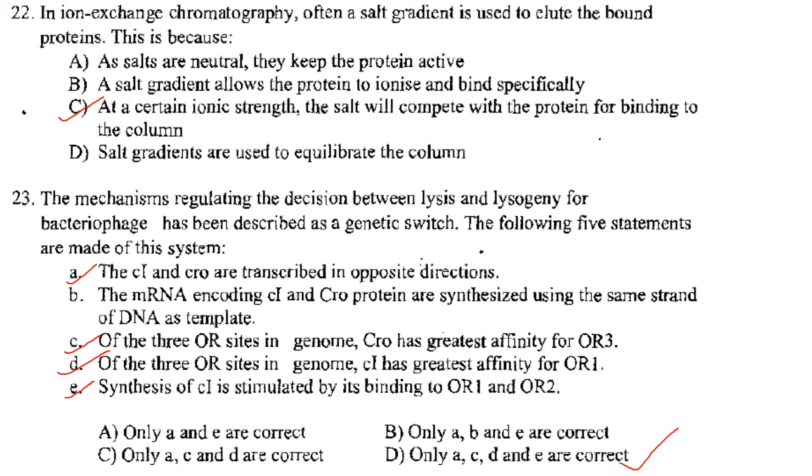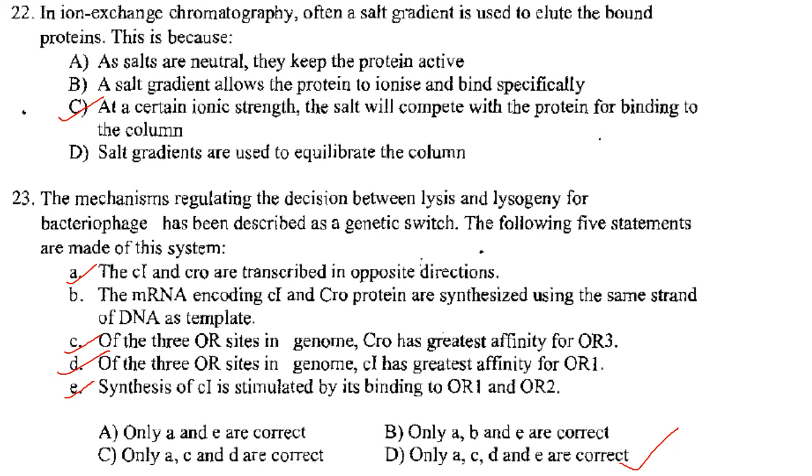Then next one. The mechanism regulating the decision between lysis and lysogeny for bacteriophage has been described as a genetic switch. The following 5 statements are made of this system. The C1 and CRO are transcribed in opposite direction. So that is correct. C1 and CRO genes are transcribed in opposite direction.